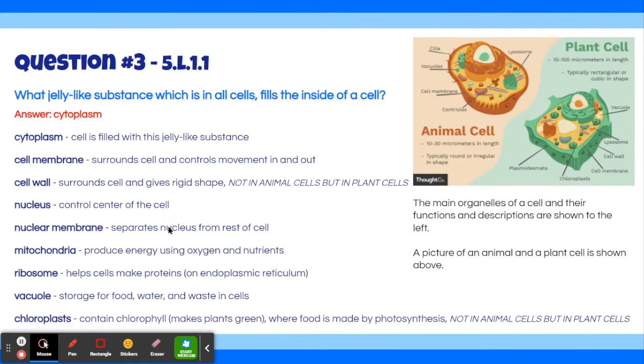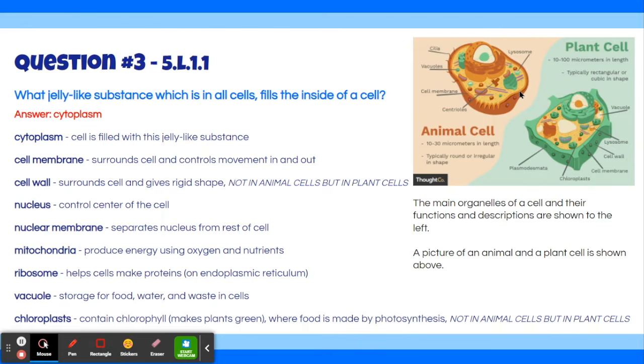So these are some other organelles. The cell membrane controls movement in and out of the cell, and it surrounds the cell. The cell wall is only in plant cells, and it surrounds the cell and gives it its rigid shape. The nucleus is the control center of the cell. It's kind of like the brain of the cell. It is in both types of cells, animal and plant.